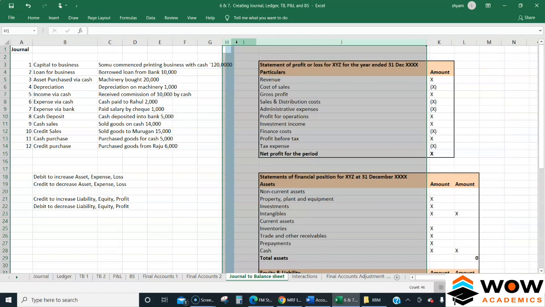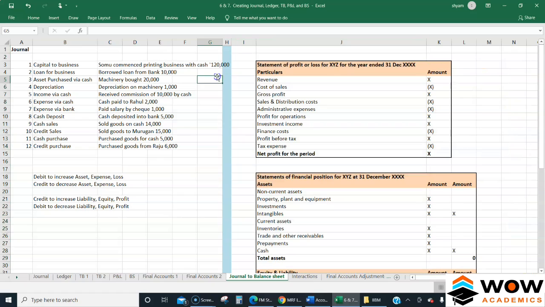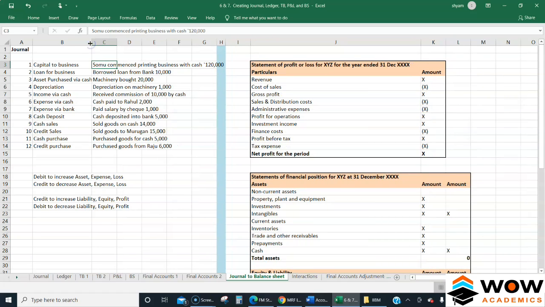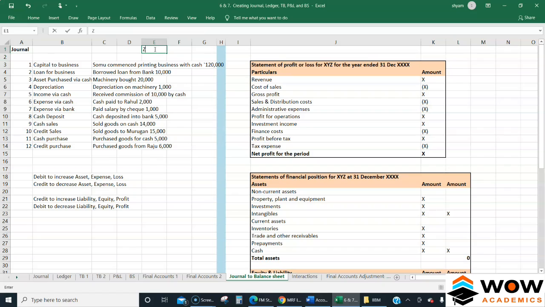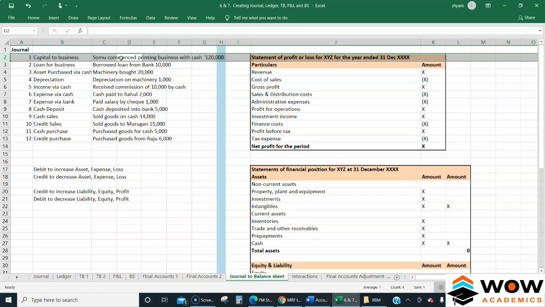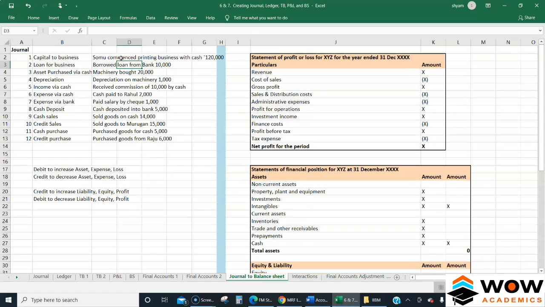Let's see. Here we have the transaction details, and here we have all the elements to do our problem. Let's see whether we could do it.